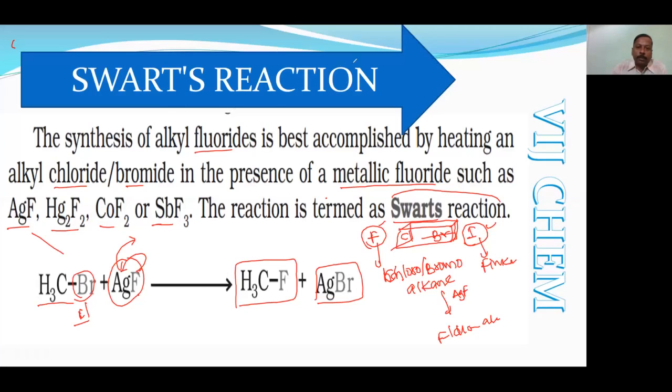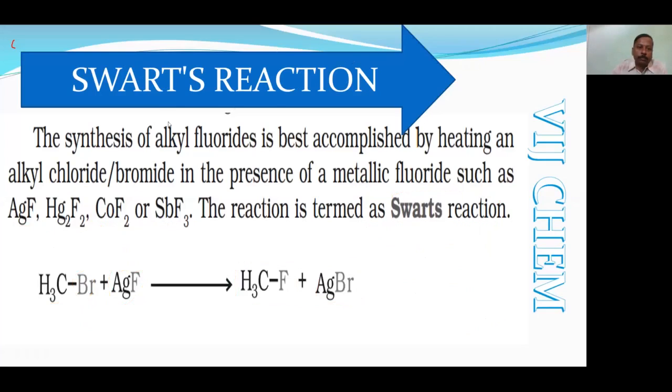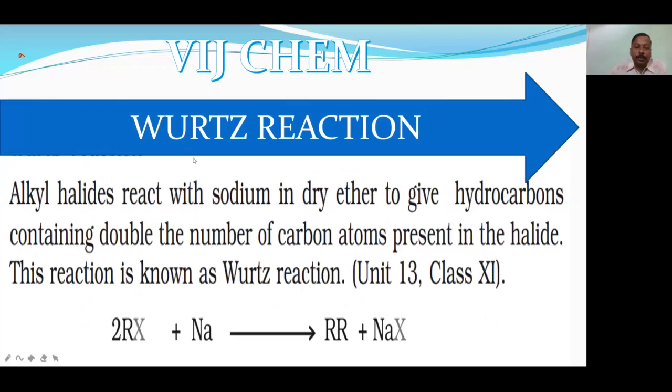Okay. After this, now we are going to the next reaction. The next reaction is very, very famous, a very useful reaction, not only as a naming reaction but also for conversions. In organic chemistry, very, very famous conversion reactions are there. So there you will find the Wurtz reaction used.